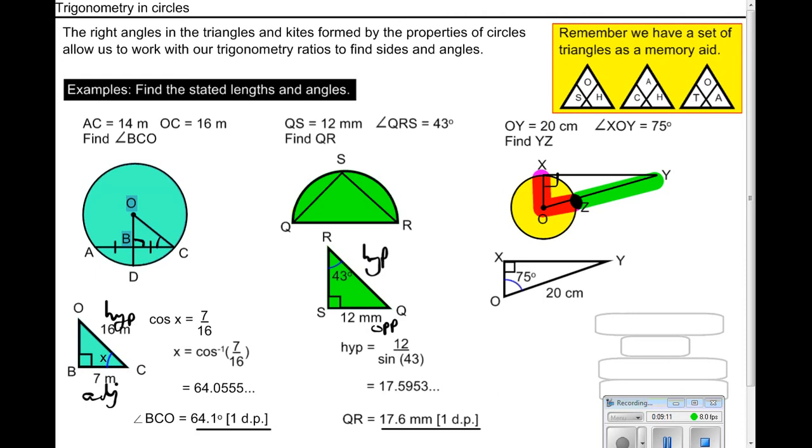The lines OZ and OX are both radiuses, or radii. So if I find the radius here, I can subtract it from the side OY and be left with YZ. So I'm here trying to find OX. I'm trying to find the adjacent. I've got the hypotenuse.